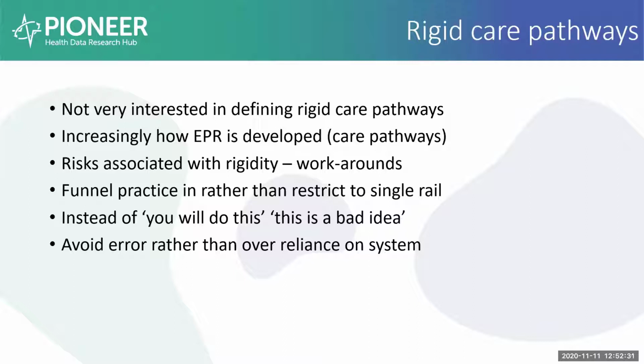So what we try and do is present the users with all the information that they need, and then when they're trying to do something within the system, if it seems really, really crazy and outside of normal practice, we'll say, are you sure? Are you sure that's right? Rather than putting people on a single rail and forcing them to do one particular thing.